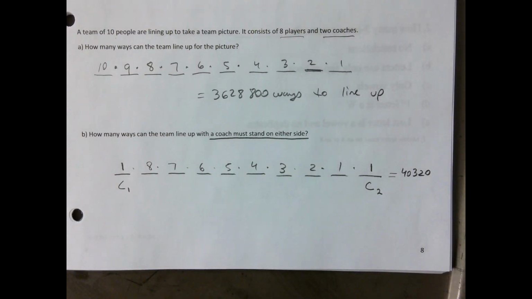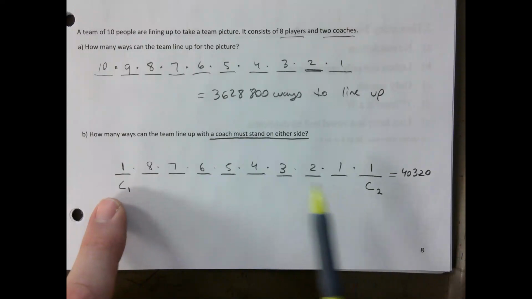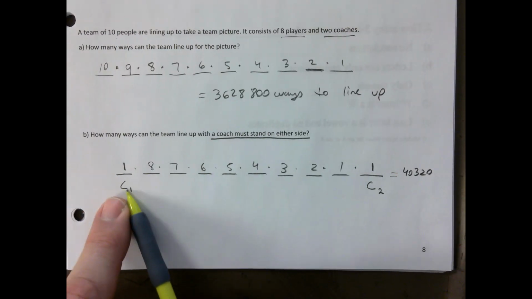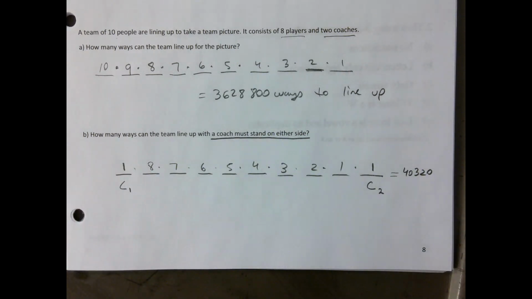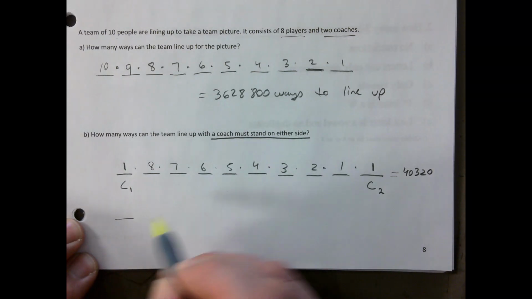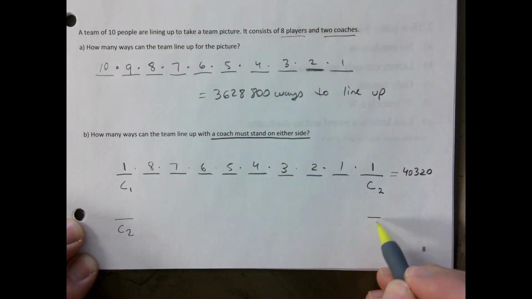But is this it? Is this the only way? This is where you could put this coach there and this coach over there. So we actually are doing this twice. Okay, guys, we're doing this twice. So I won't fill this all in again. I'm just going to show you. This is coach 2. This is coach 1.